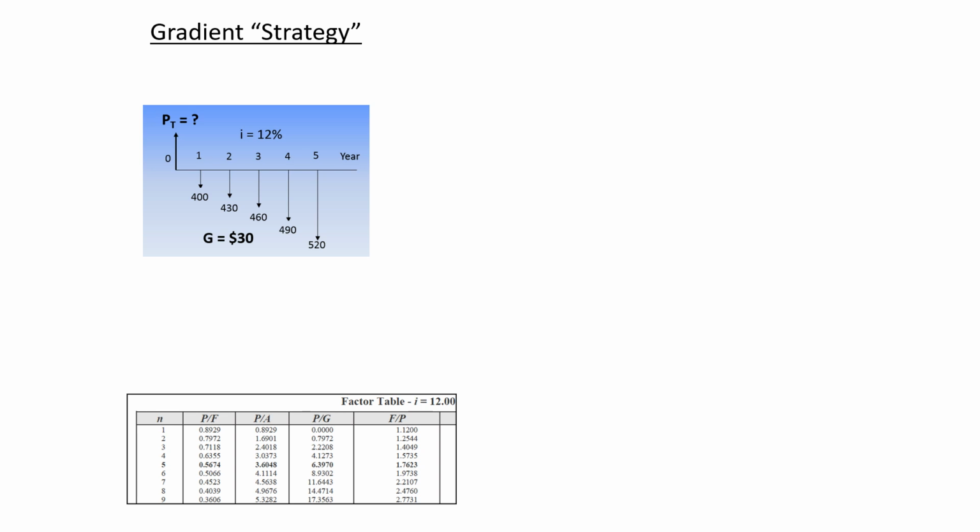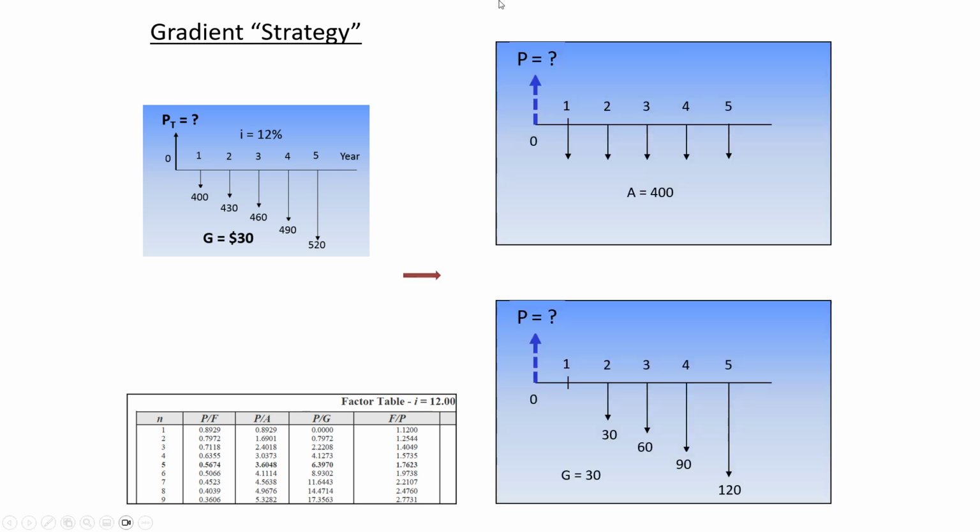So the strategy should be that you break it apart into its component pieces. So there's an annual series in the amount of 400, and then on top of that is a gradient where it's 30, 60, 90, 120. You can see that with each successive year, it's increasing by the amount of 30.